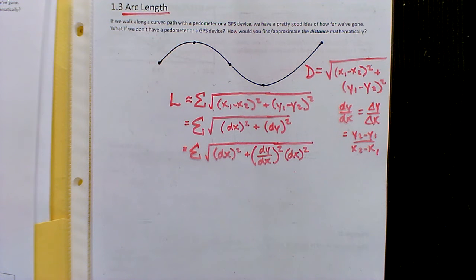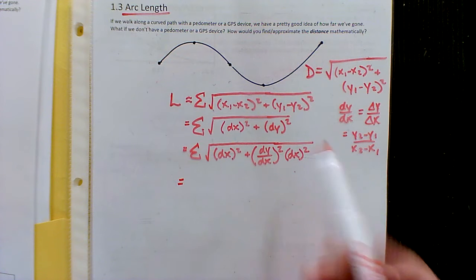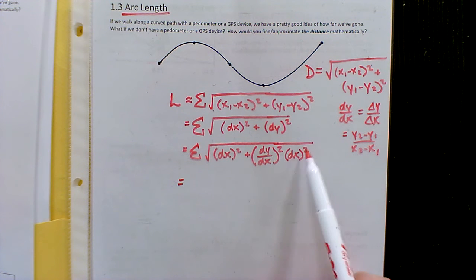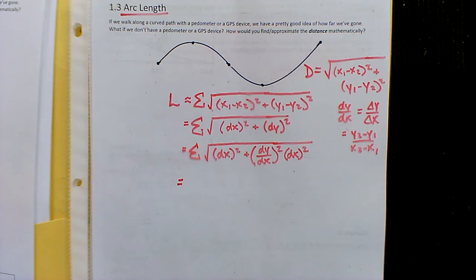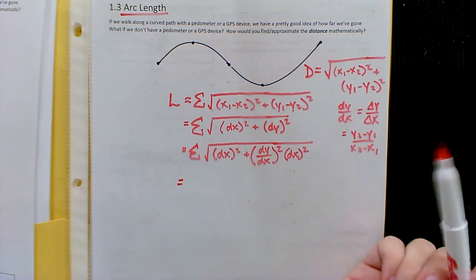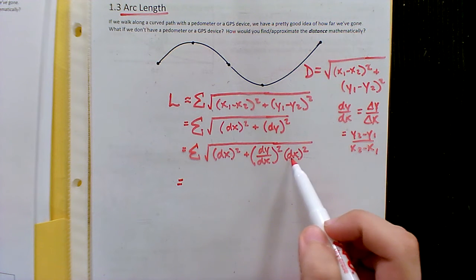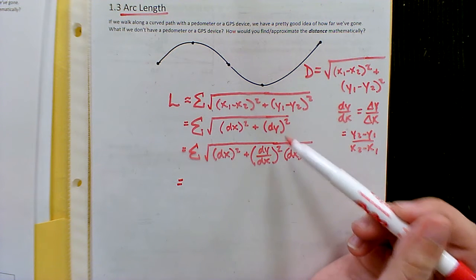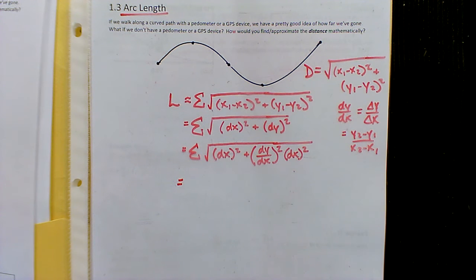What do you see? Exactly. If I were to actually square dy and square dx, this would be dy squared over dx squared. But notice how this dx squared would cancel out with this dx squared, and we would just be left with the dy squared we had previously, right? So these two statements are exactly the same, they just look different. I'm putting in this dx squared portion to help us rewrite it a little bit more. Do we see how that's mathematically appropriate? They're still equal to each other. They're still the same thing.